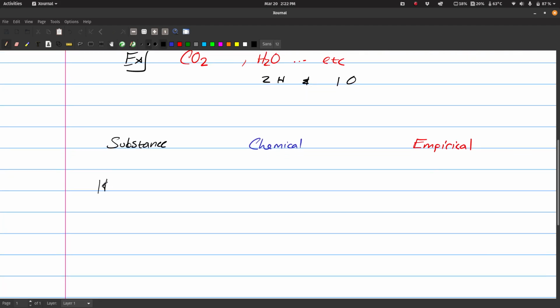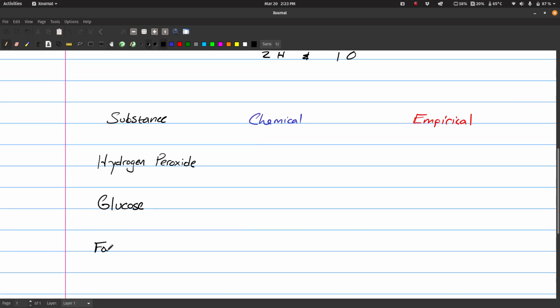We're going to have hydrogen peroxide, underneath we're going to have glucose, and we'll have formaldehyde. Hydrogen peroxide has a chemical formula of H2O2. Glucose is C6H12O6, and formaldehyde is CH2O.